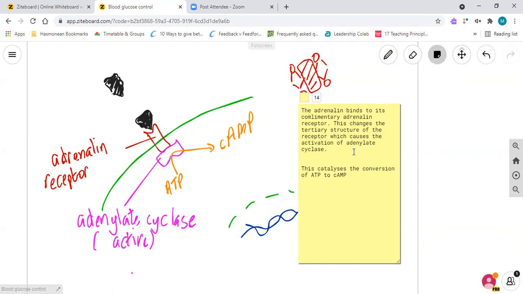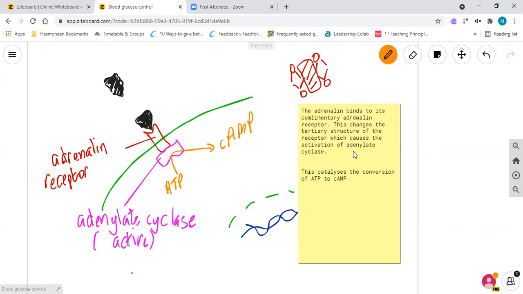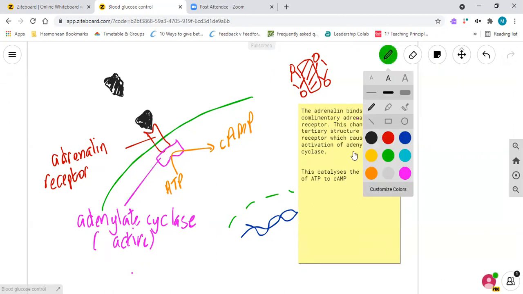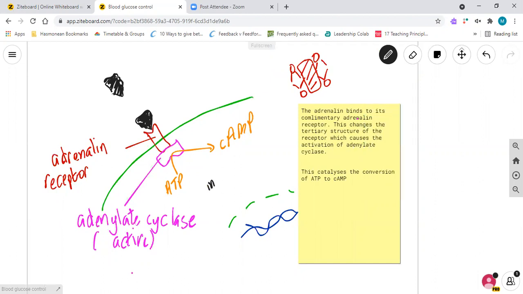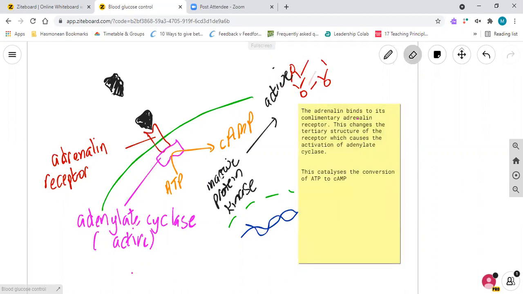And cAMP has its own responsibility. cAMP will also activate an enzyme. It will activate an enzyme which is called protein kinase. So it will take inactive protein kinase and convert it into active protein kinase.